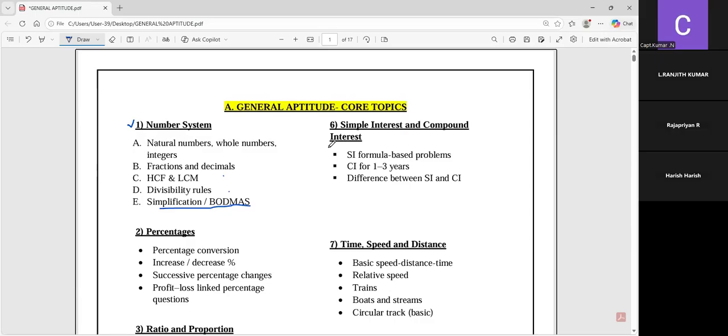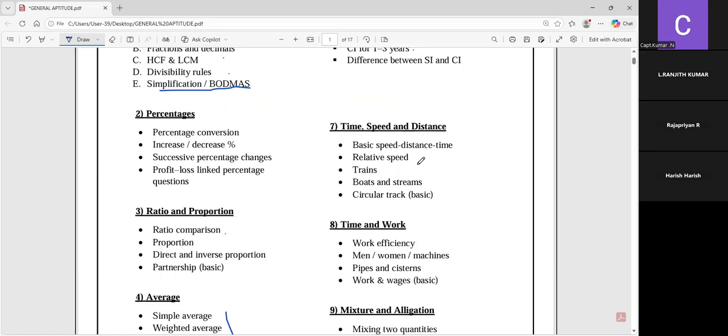And another one, simple interest, direct formula. Rate of interest into time. This formula is applicable only for year based, and compound interest is studied. Time and speed, distance is studied.